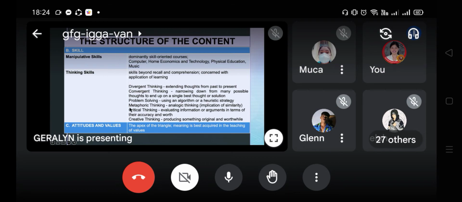So, the structure of the content is a triangle. The apex, the top corner of the triangle, is where attitudes or values are placed. We have the cognitive on the left side and the psychomotor on the right side, and then on top are the attitudes and values.